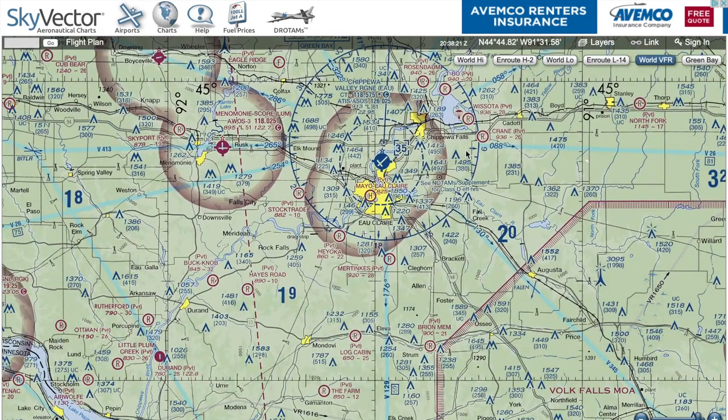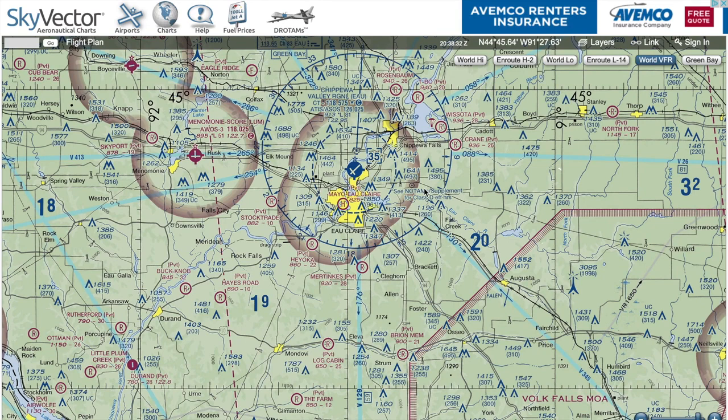Okay, coming down over here, Chippewa Valley Regional. Let's see, we want to fly right here, right where my mouse cursor is. Can I do that?